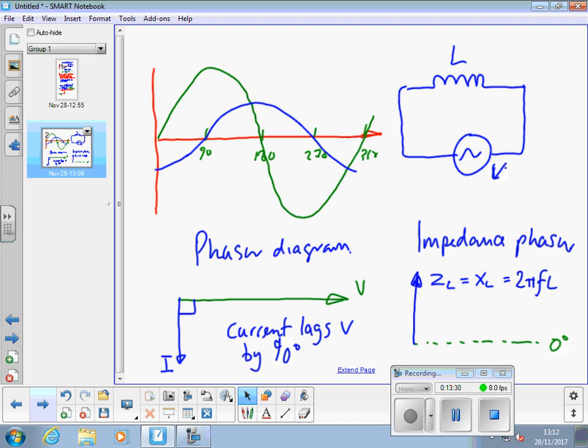We maintain the fact that an inductor has an angle associated with it of 90 degrees. Positive. Okay?